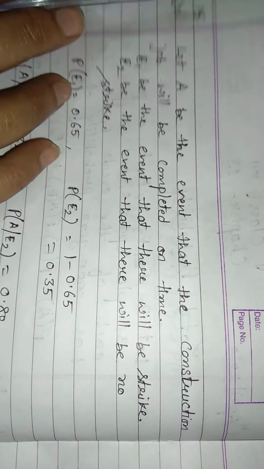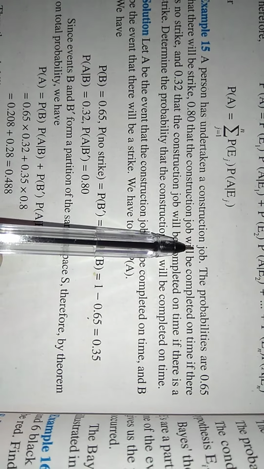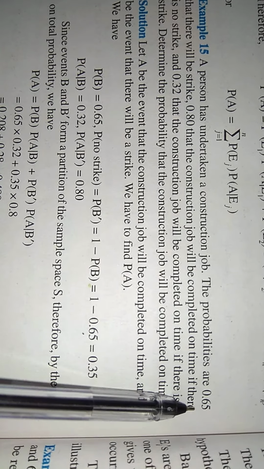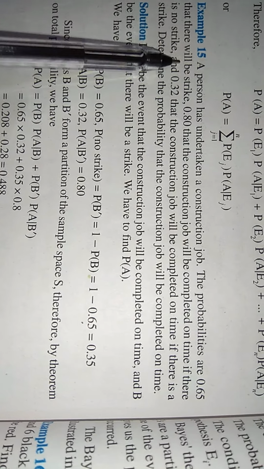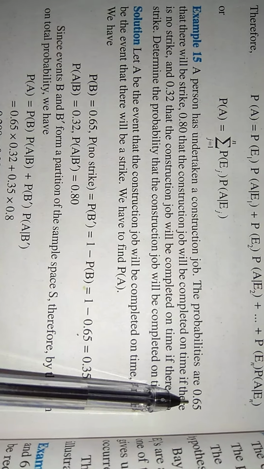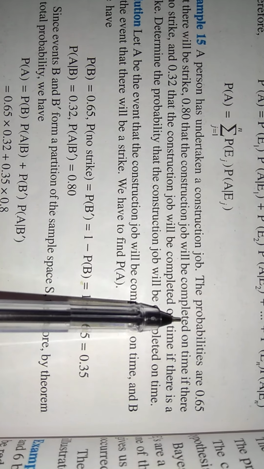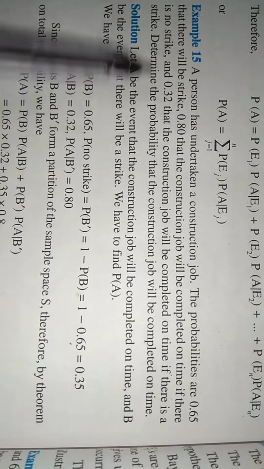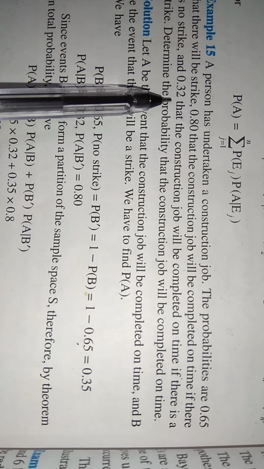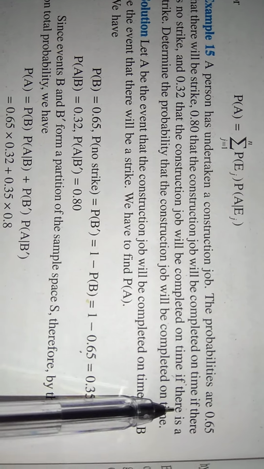Now I am taking one more example. This is the 15th example in your book. A person has undertaken a construction job. The probability is 0.65 that there will be a strike, and 0.80 that the construction job will be completed on time if there is no strike, and 0.32 that the construction job will be completed on time if there is a strike.